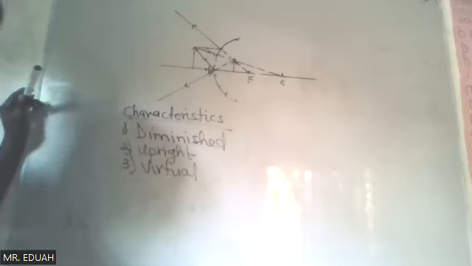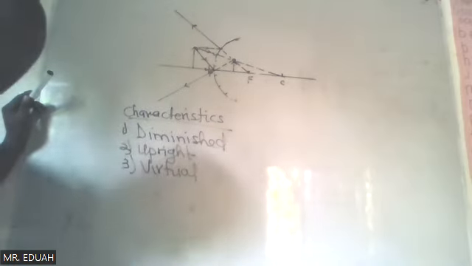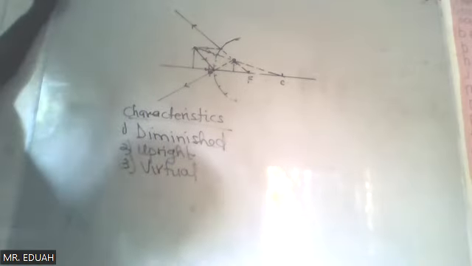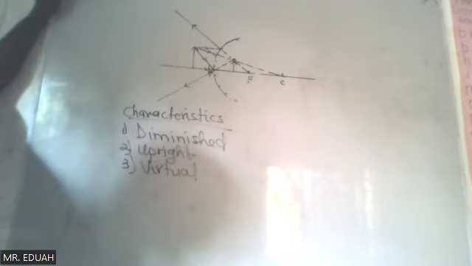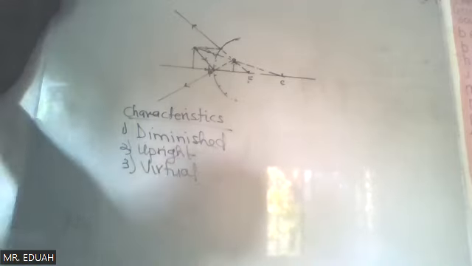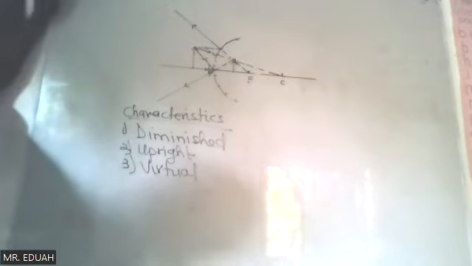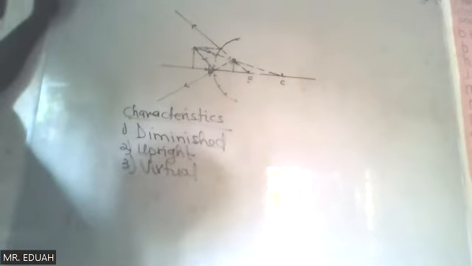This one is for images. There is a ray diagram of images formed on the concave mirror. This is images formed in a convex mirror. We've done that for concave, so we are doing it for convex.